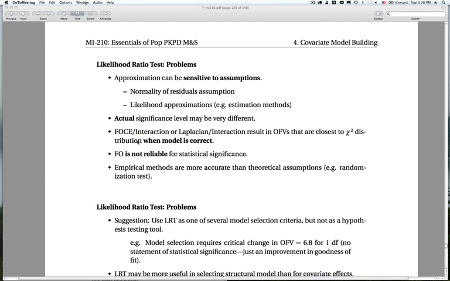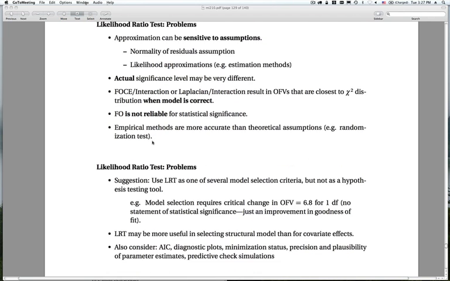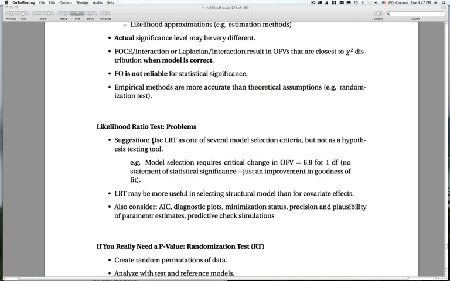It's been shown that FOCE interaction does a pretty good job of getting this right when the model is known. We don't know what happens when the model is misspecified, and that's not the case in all cases. So, if you really need a p-value, you might reconsider.